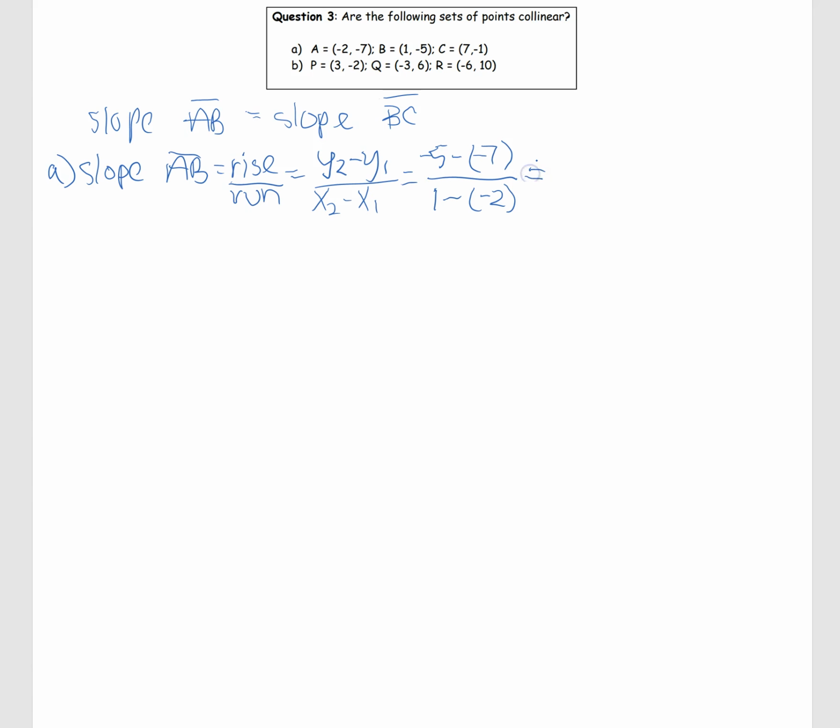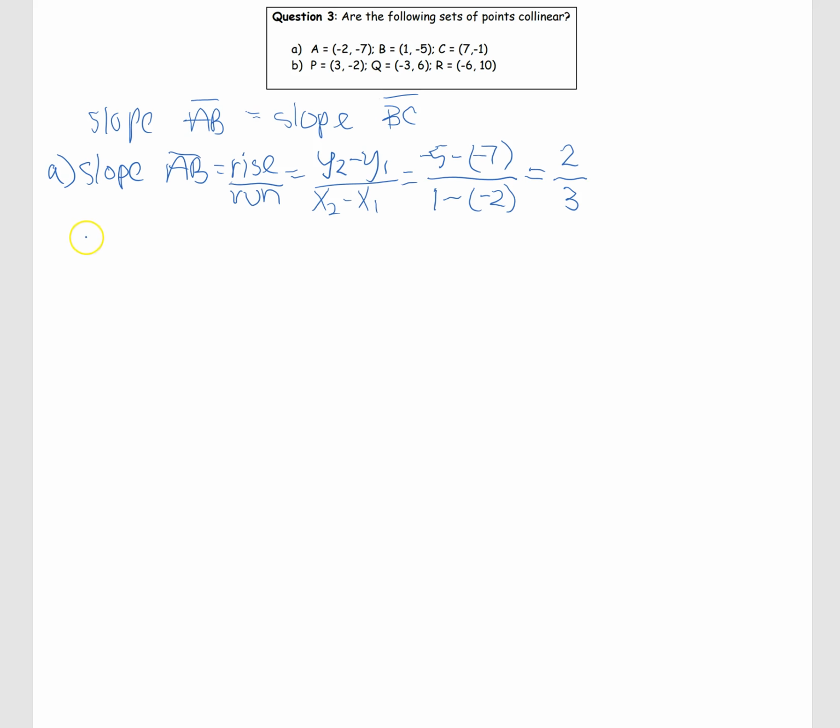And so this gives me -5 minus a -7, which is the same as saying plus a +7. -5 plus 7 is 2 on the top. 1 minus a -2 is the same as saying 1 plus 2, which is 3 on the bottom. So my slope for the line segment AB is 2/3.